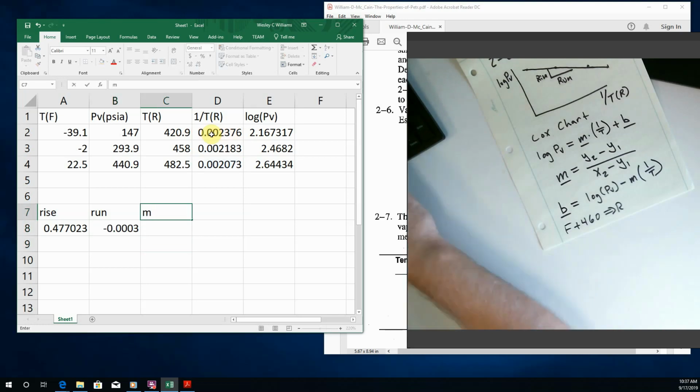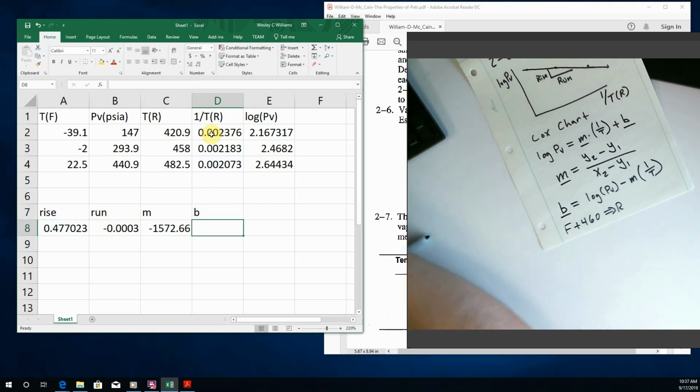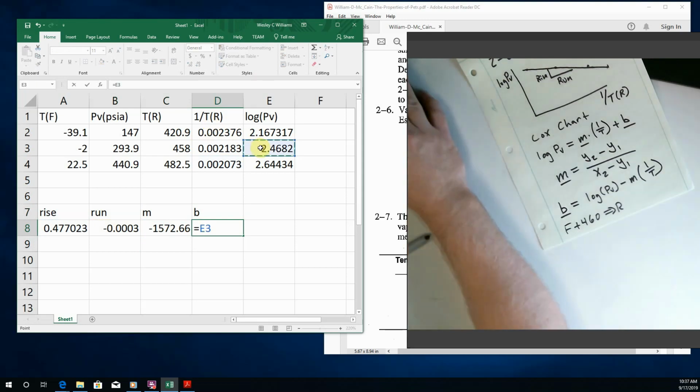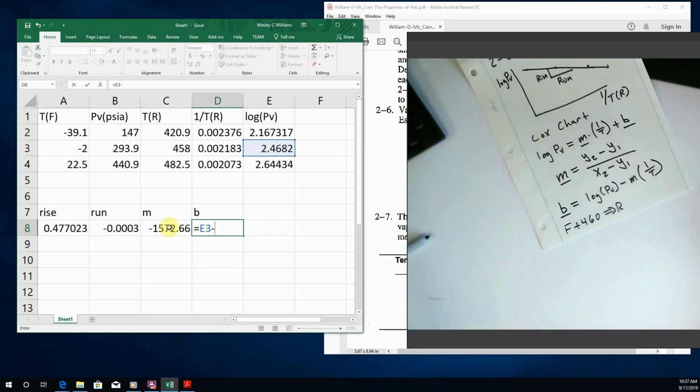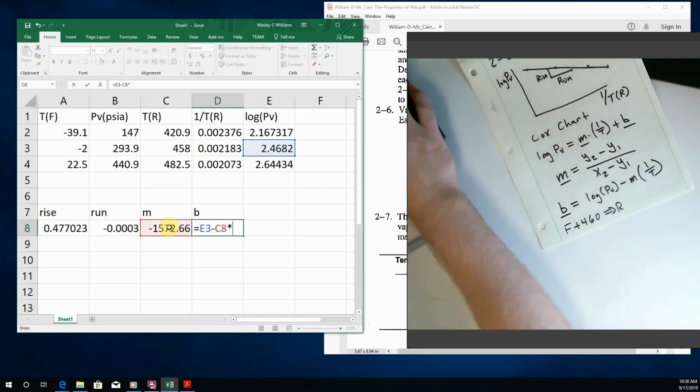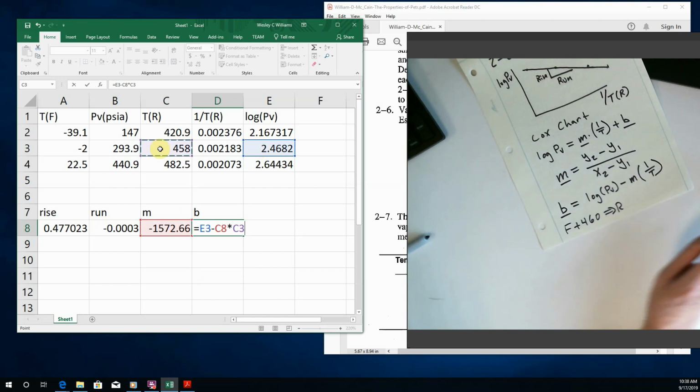And then give me my slope M. That's equal to rise divided by run, right? And now I need to calculate the B value. So B, I'm going to take this value, just throw 1 in the middle. So B minus M times this value.